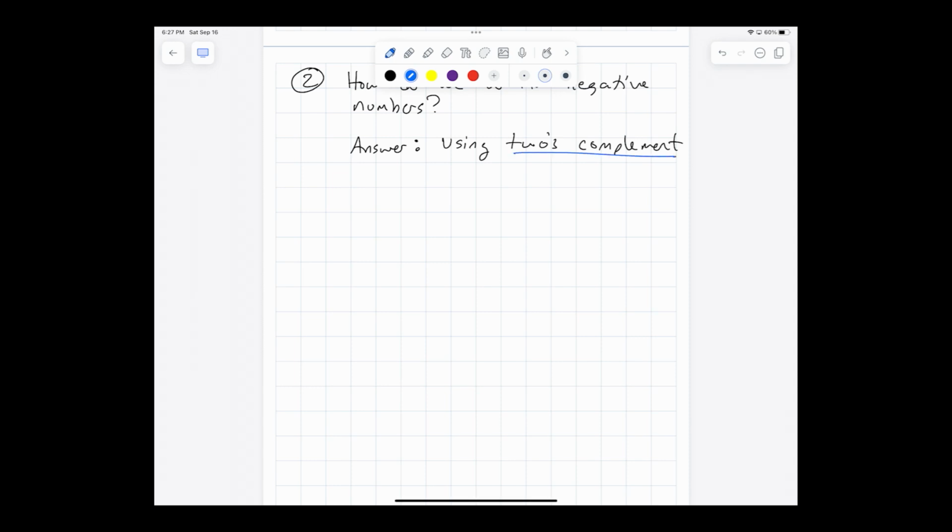We're not talking about two's complement right now, but one simple but not good enough method for writing a negative number. This is what you would come up with first. So one simple, not good enough method for writing a negative number is just to add an extra bit.